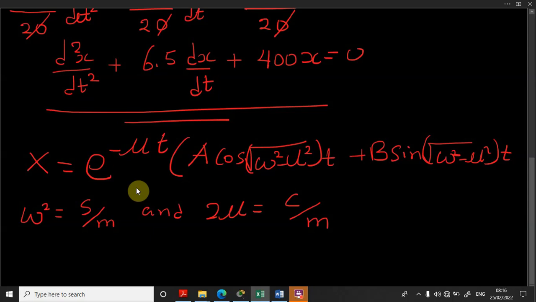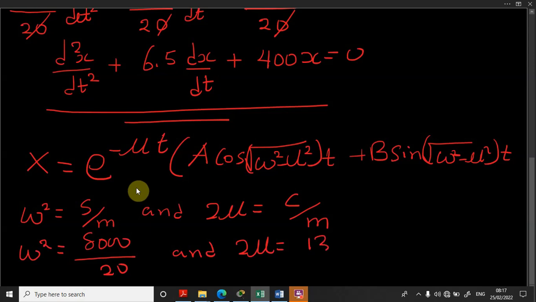So omega squared becomes s, which is 8,000, divided by m, which is 20, and 2 mu is c, which is 130 over 20.